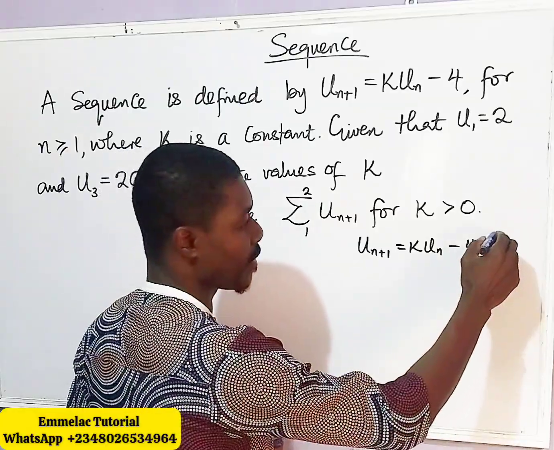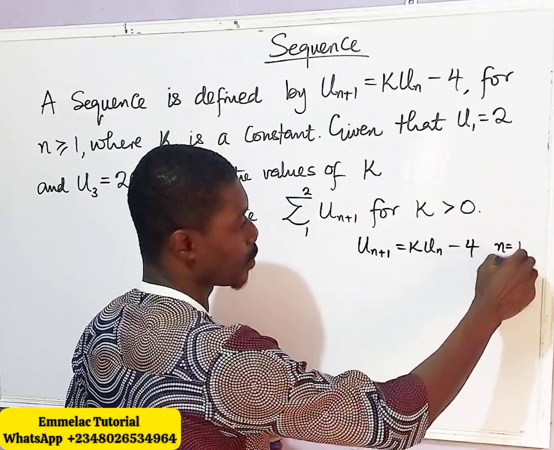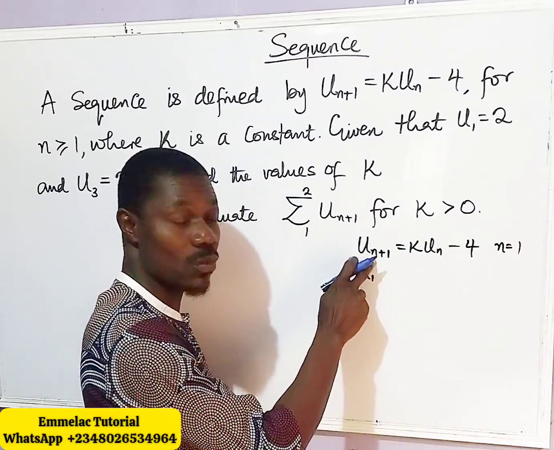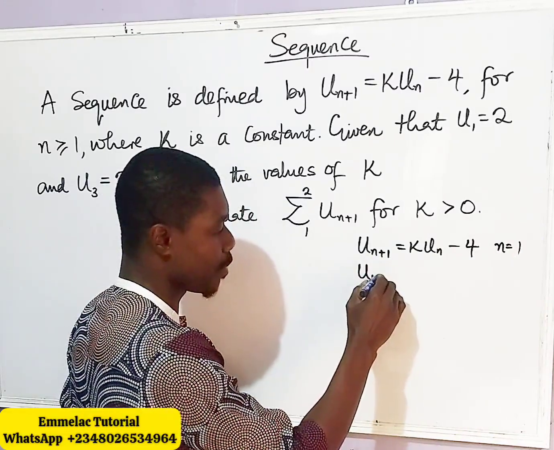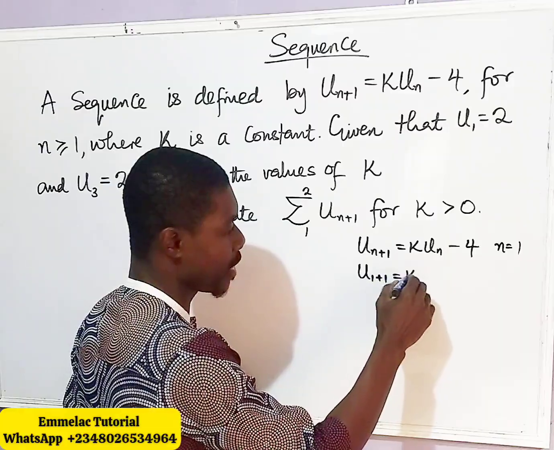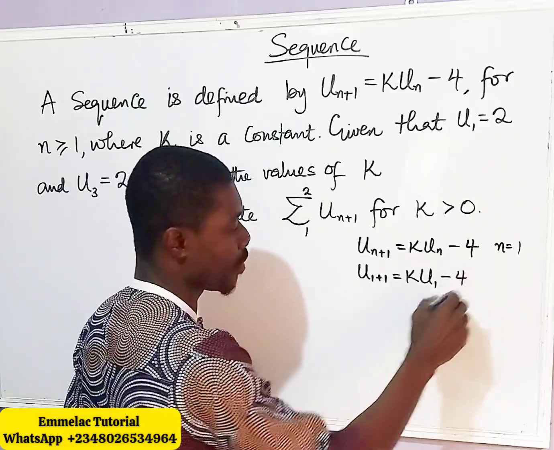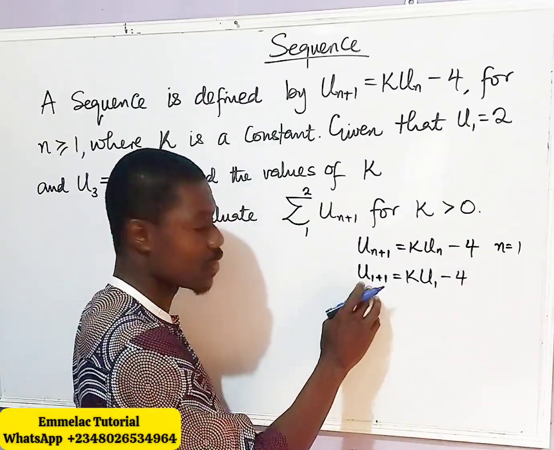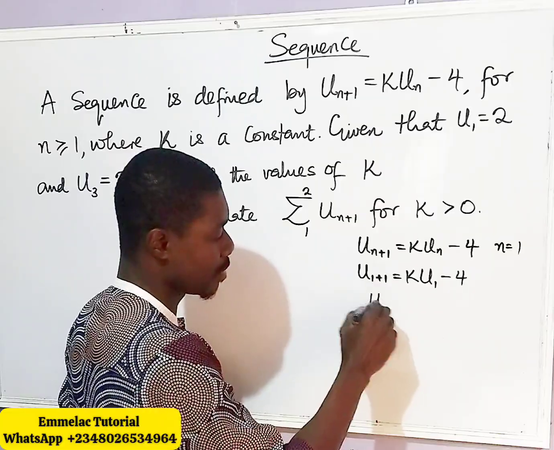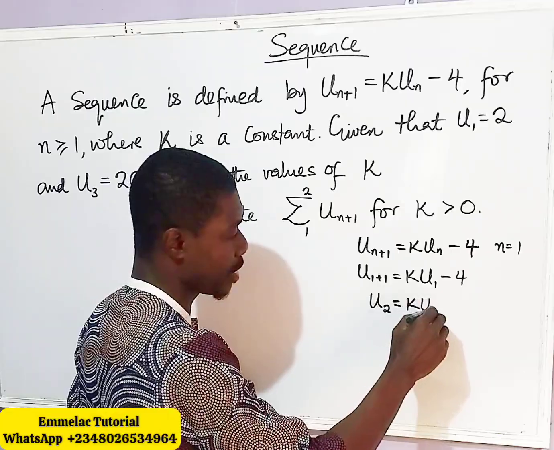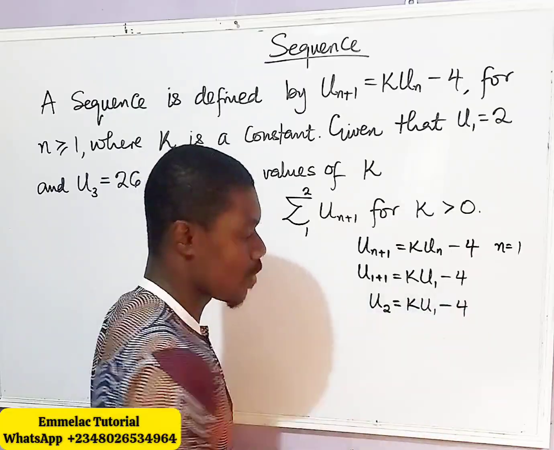So with n equals 1, we have u sub 1 plus 1 equals k u sub 1 minus 4. You can see 1 plus 1 gives us 2, so here you have u sub 2 equals k u sub 1 minus 4.